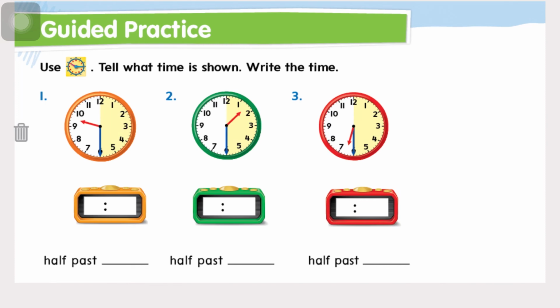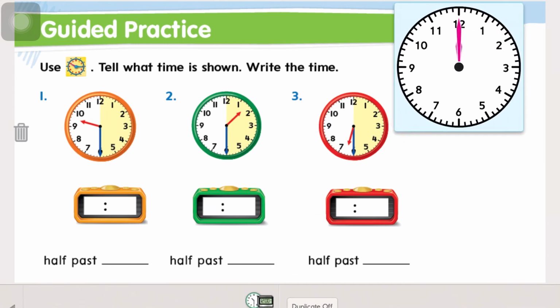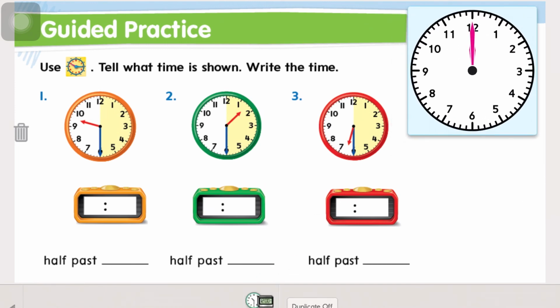All right, so now we're going to use our clock to tell what time is shown. Our hour hand is between the 9 and the 10, and our minute hand is on the 6.